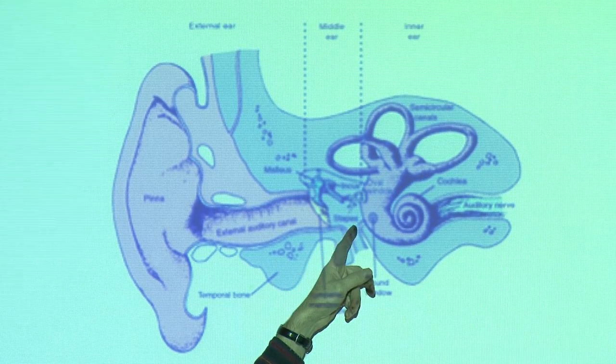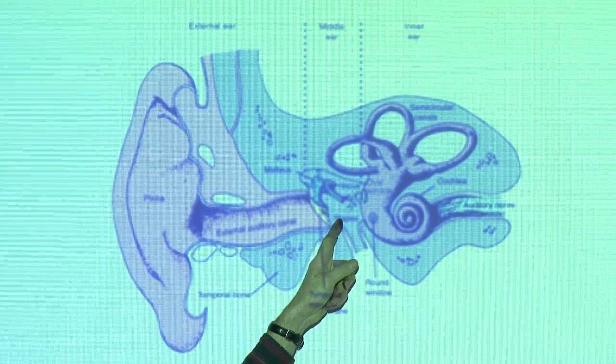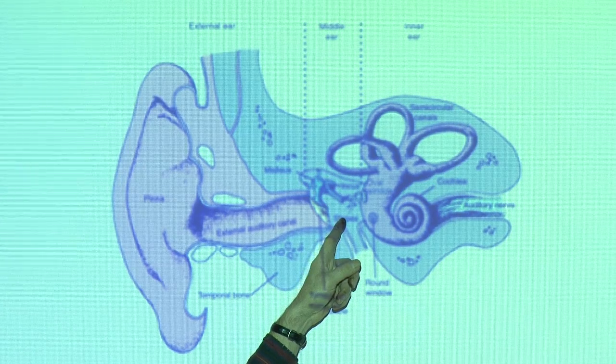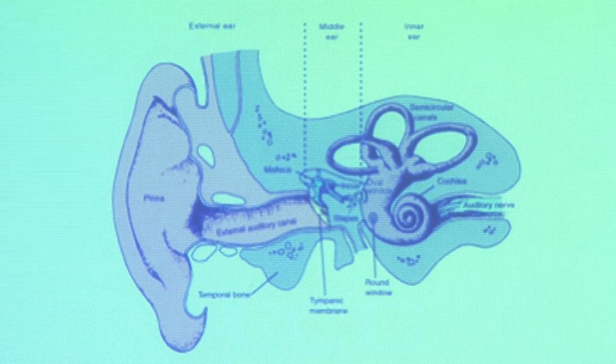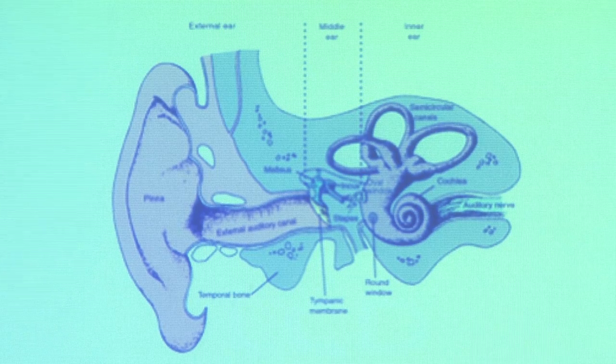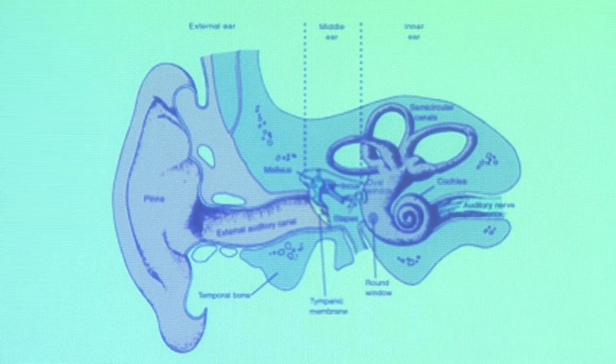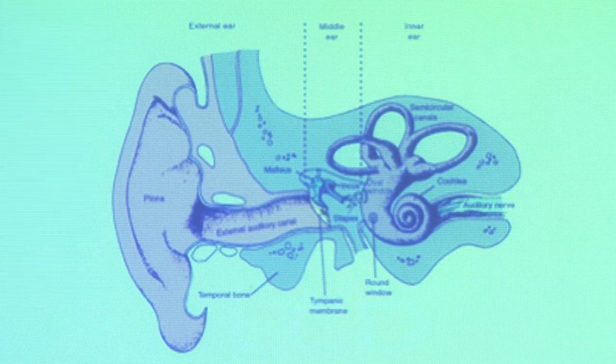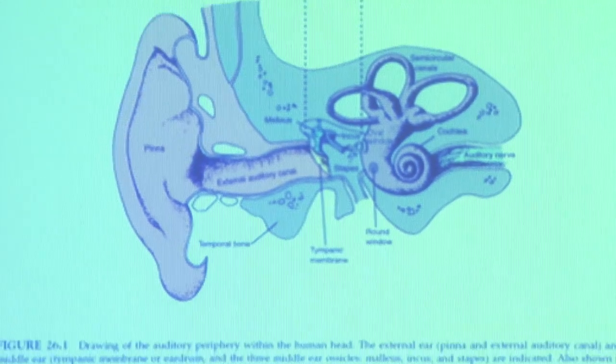So we're still talking about sound and air. And in that middle ear cavity are 3 small bones. They're called ossicles. And in high school biology, you probably learned them as hammer, anvil, and stirrup. But the scientific names are the malleus, incus, and stapes.